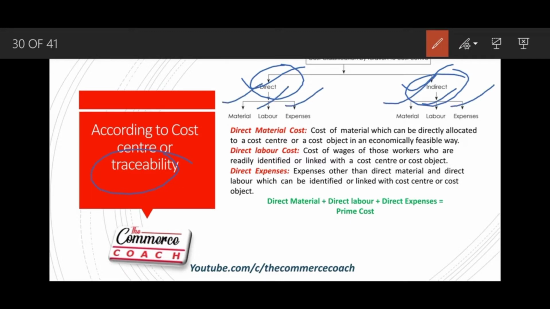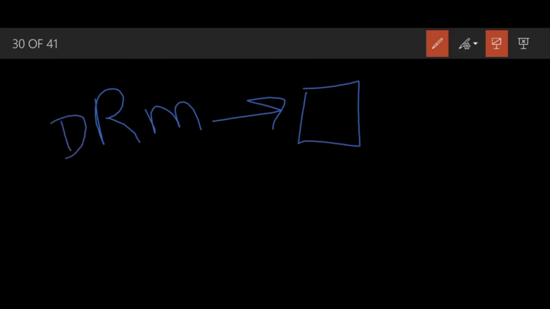Let me give you an example of direct material. The raw material used in the manufacturing of the box is known as direct material, direct raw material. But what is indirect material? The material that has been used in the box indirectly, or you can say which you cannot find by looking that this material has been used.